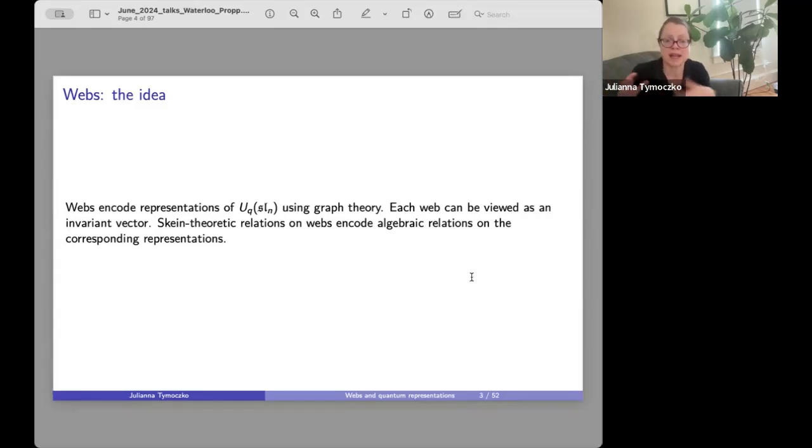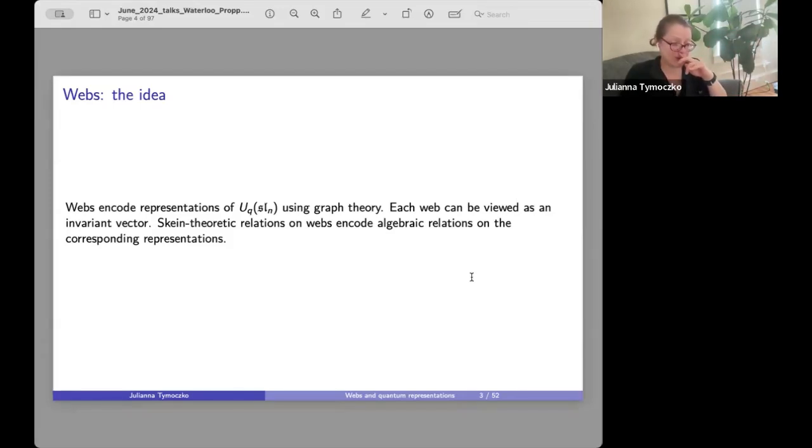And then there are scheme theoretic relations on the webs that are encoding algebraic relations on the corresponding representations. It's an invariant vector in the sense that there's some matrix group-like object that acts on this vector and, in some meaningful representation theory way, doesn't change the vector.